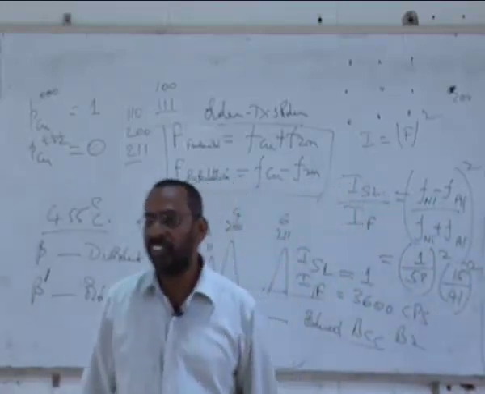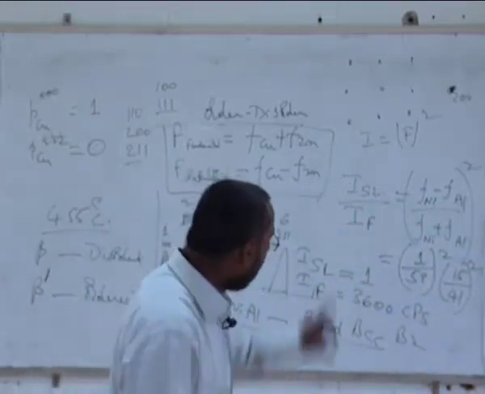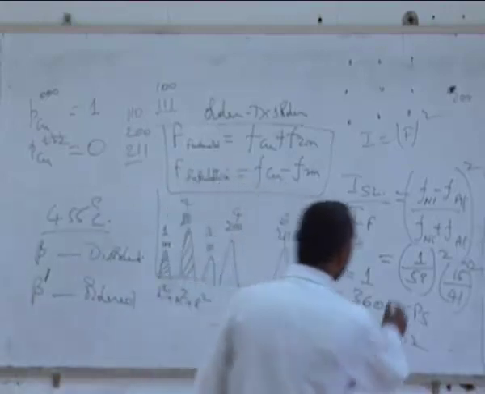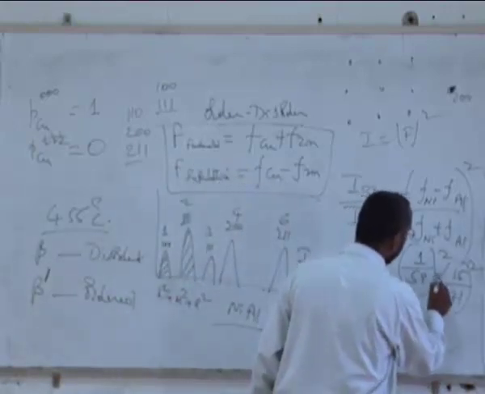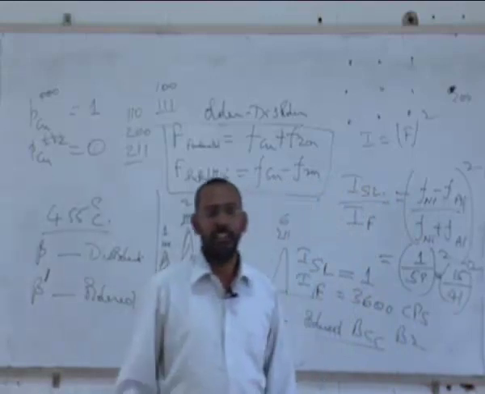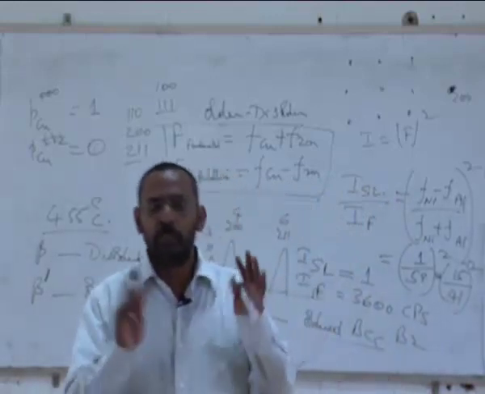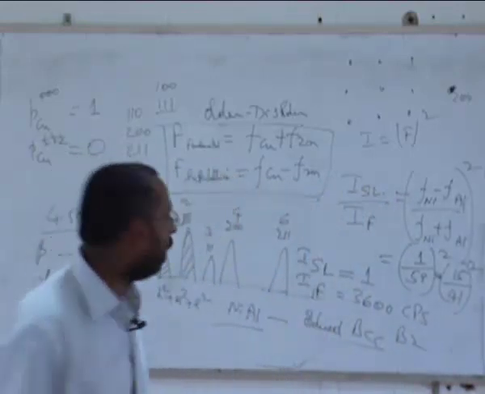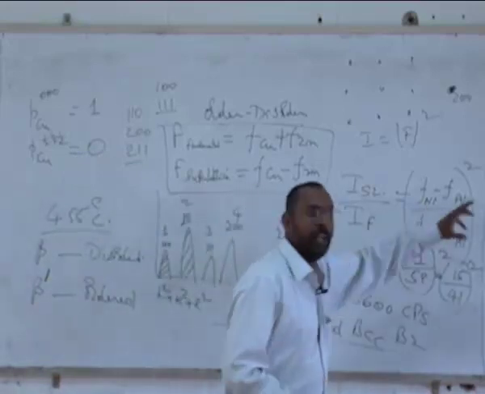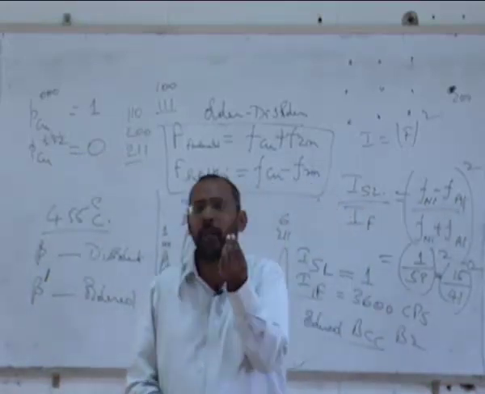Now can you see the difference? You can see that this ratio is not as small as this one. You see this versus this. Both are ordered structures based on BCC, but one of them has two atoms which have very similar atomic numbers.